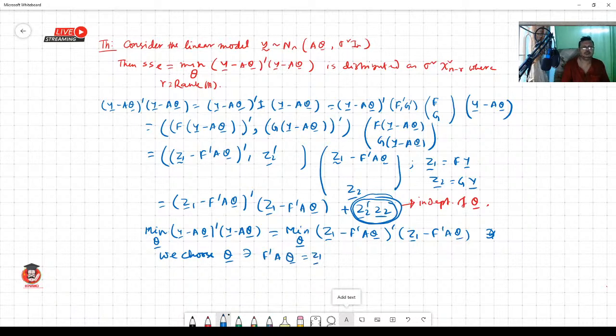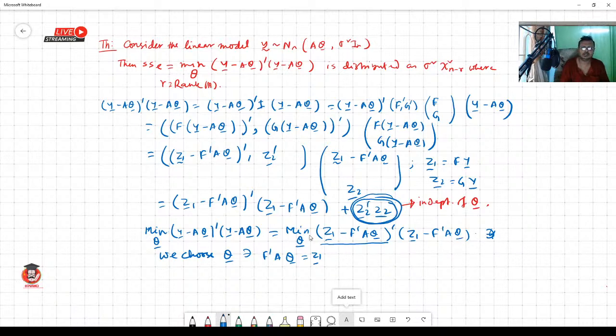Okay, because why this happened? This is simply u prime u, which is nothing but the summation of ui square. Summation ui square is always greater than or equal to 0, and the minimum is 0, and the summation of ui square equals 0 only when the individual terms are also 0.